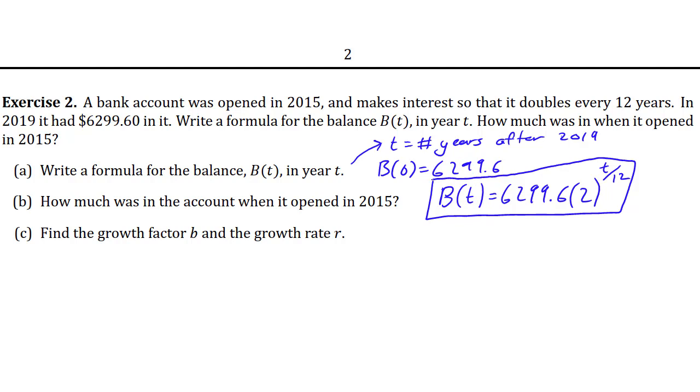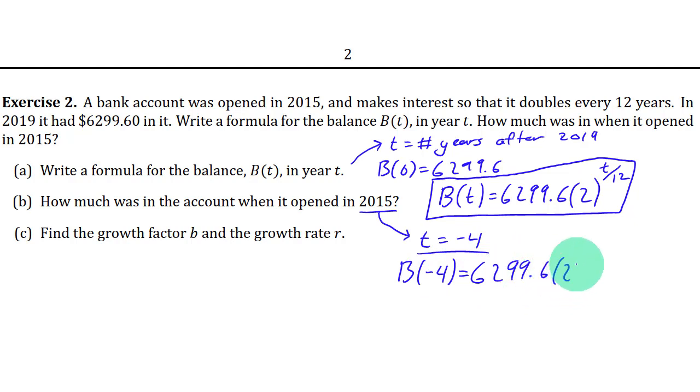Now, how much was it in 2015? Well, this is 4 years before year 0. So for this question, 2015 is going to be represented by t equals -4, because that means 4 years before 0. So the formula still works. B of -4 is going to become 6,299.6 times 2 to the power -4 over 12.